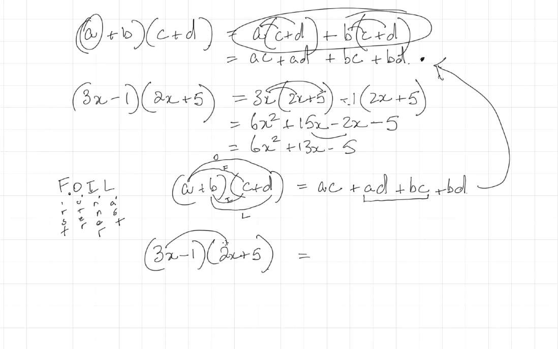So we do first, and we go 3x times 2x, and that's 6x squared. So that's first. Outer are the outside ones. 3x times plus 5 is plus 15x. Inner, minus 1, negative 1 times 2x is negative 2x, and last.